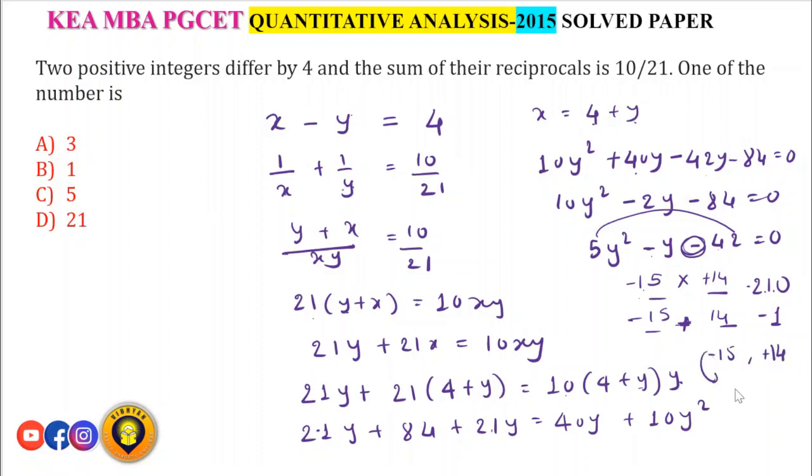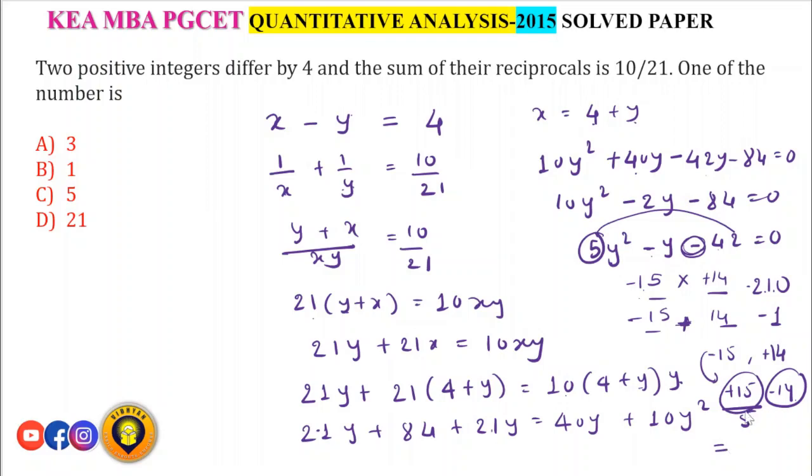Roots will be the reverse of this, that is plus 15 and minus 14. But y cannot take a negative value, so the y value will be 15 here. Since it is multiplied by 5, you have to divide it by 5 in the end.